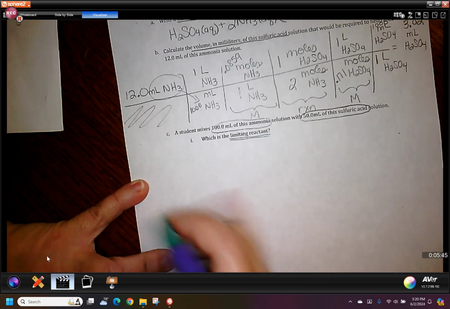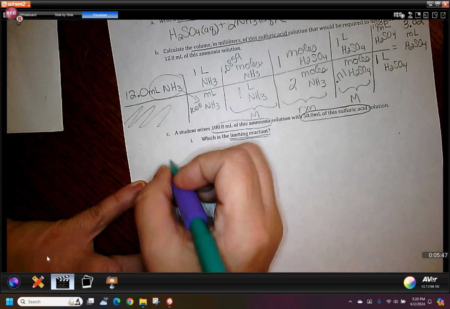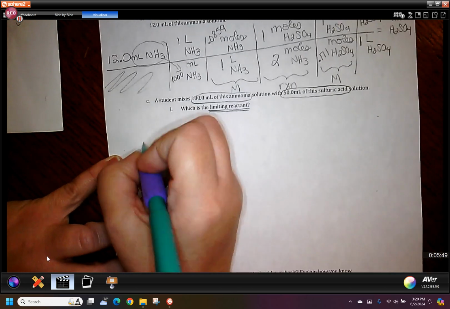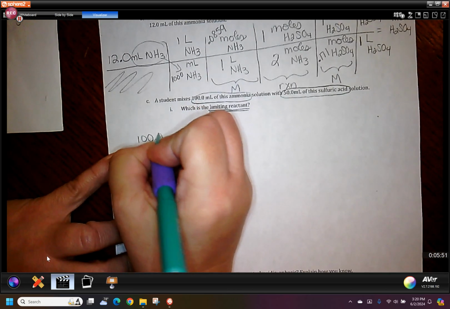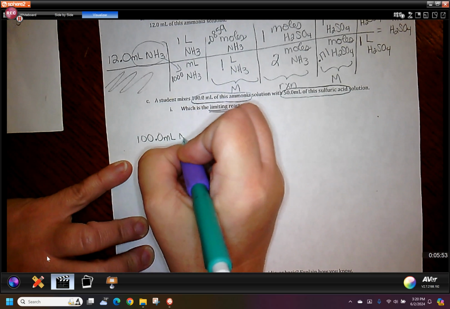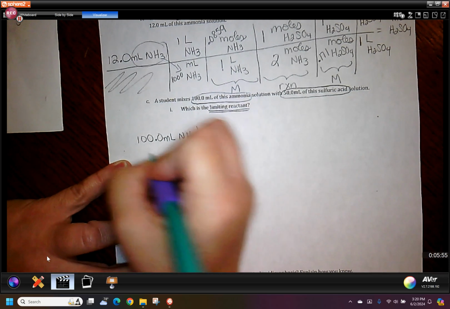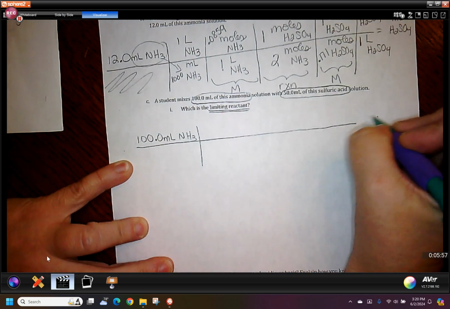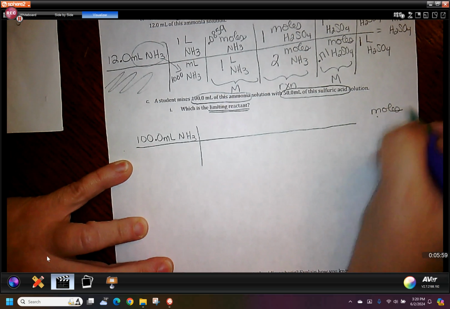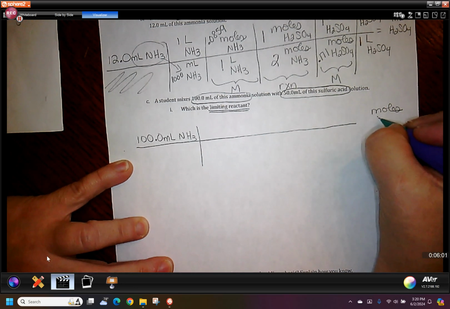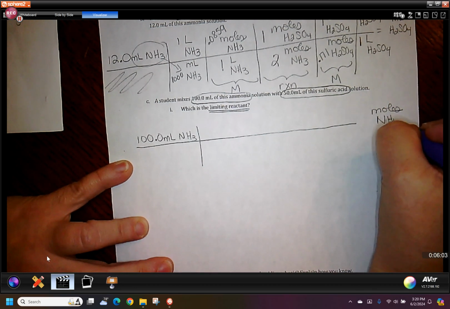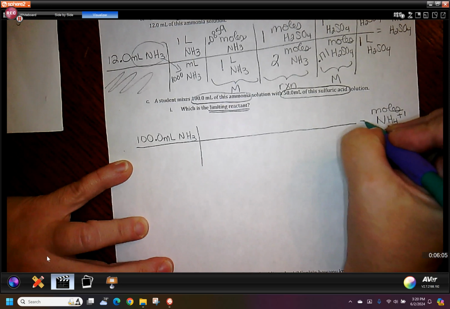Okay, so I'm going to need two factor label charts. I'm going to need 100 milliliters of ammonia, and I'm going to go to moles of product. Okay, so I'm going to go to moles of NH4 plus 1.